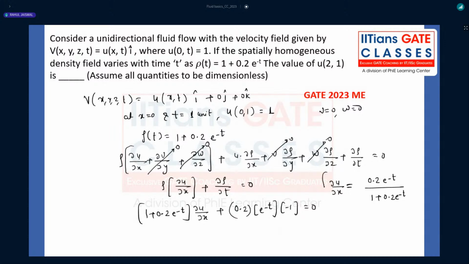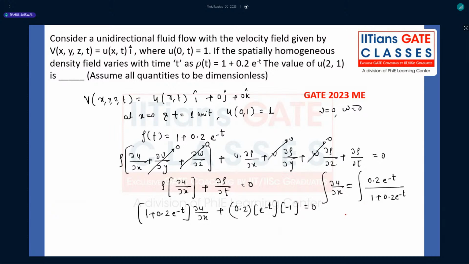Whenever we do the integration, remember, in case of total differentiation, when you do the integration, one constant term will be coming. But in case of partial differentiation, when you do the integration, remember, a constant term will not be there.